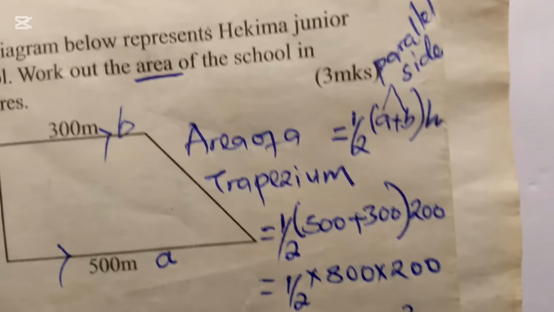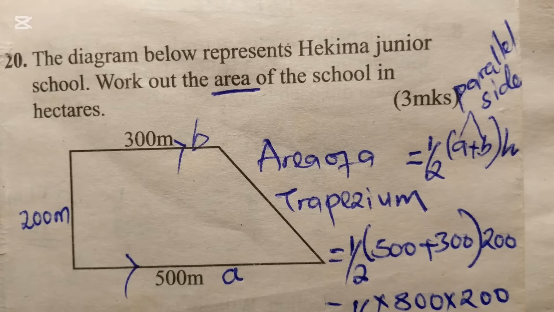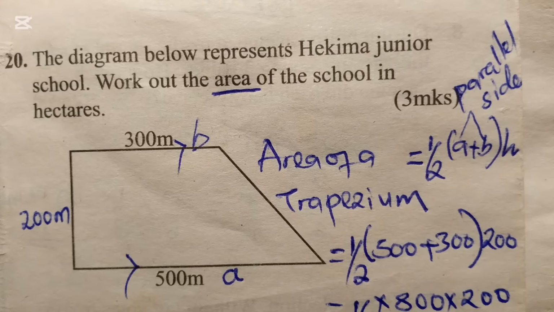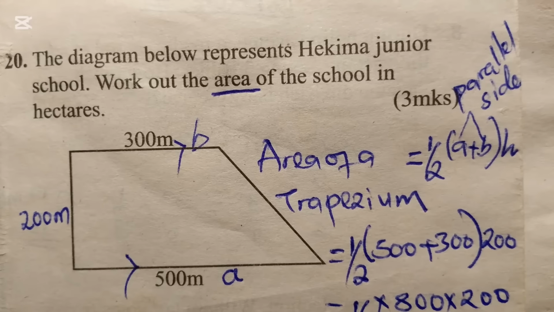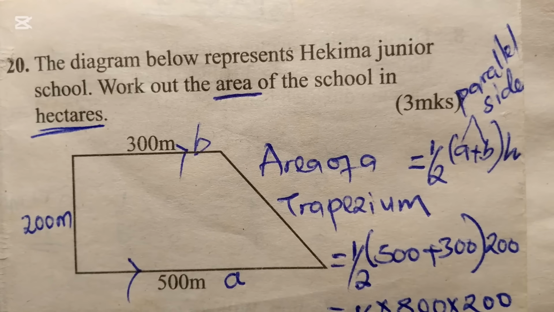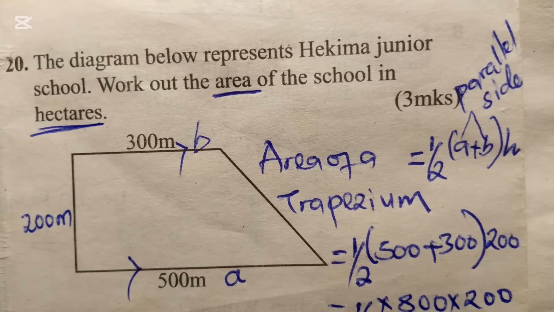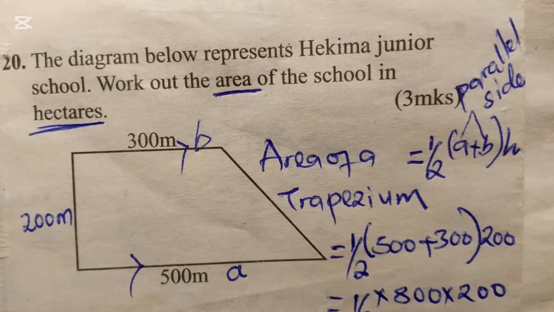And before that, go back to the question and check whether there are any further instructions. After getting the area, we are told that the area should be in hectares. So the reason the question is awarded 3 marks is because of that condition of how you are supposed to leave your answer.